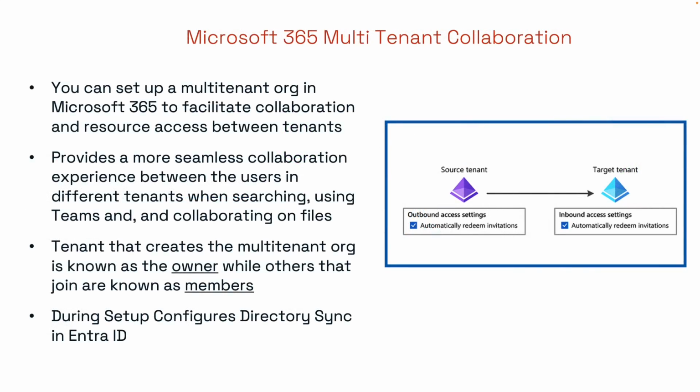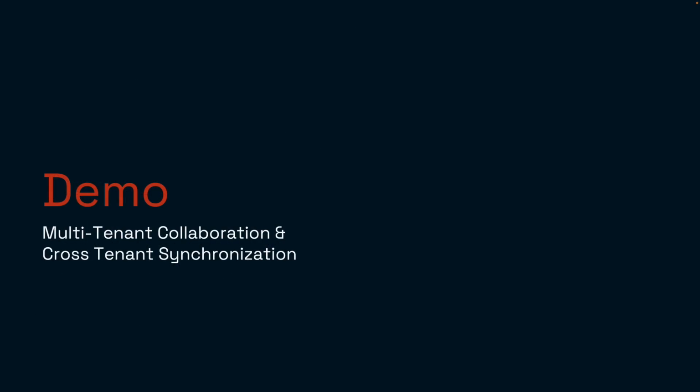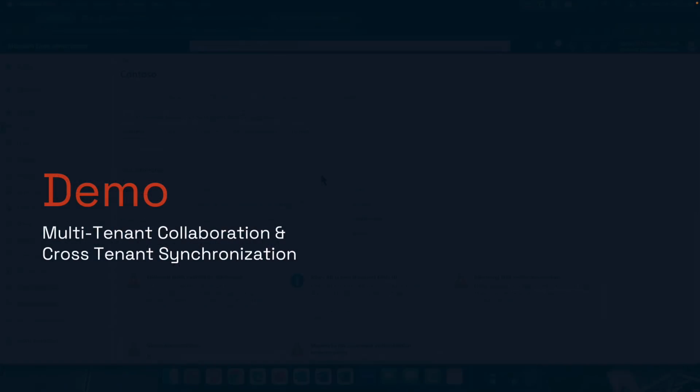So you can set up a multi-tenant organization, and this facilitates collaboration and provides seamless collaboration between the users, because there's no logging in, logging out, and it goes beyond the B2B Direct Connect that we've been talking about. Okay, let's take a look and see how it works.